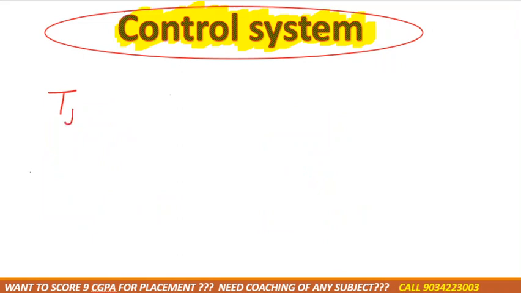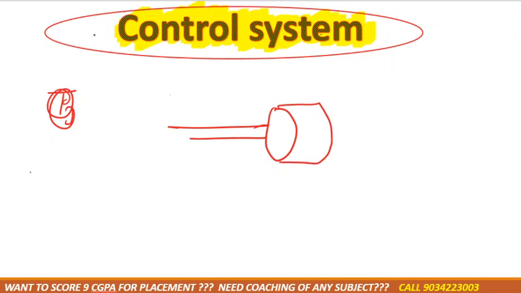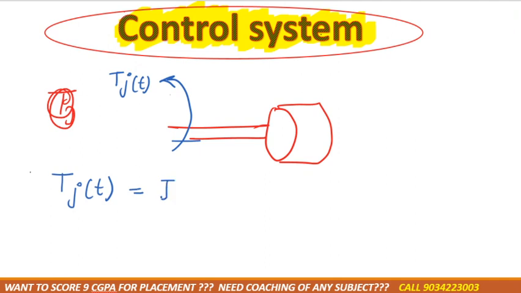So torque for inertia, suppose this is a circular object, and a torque is applied in the upward direction. That is T J T, so T J T would be equal to J alpha T.